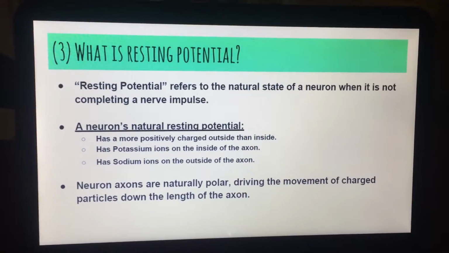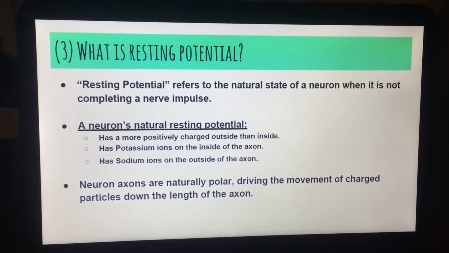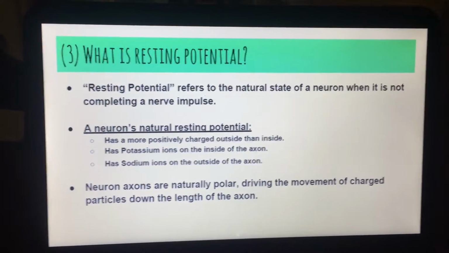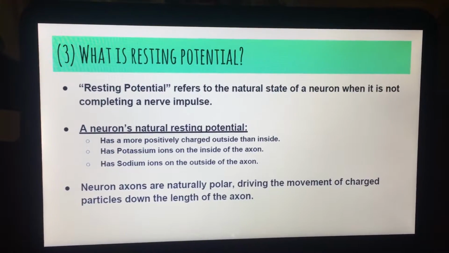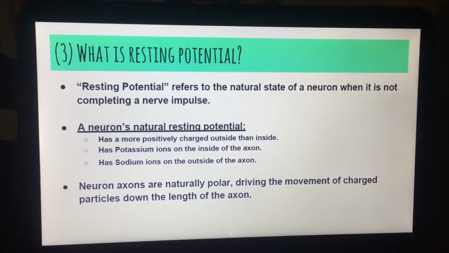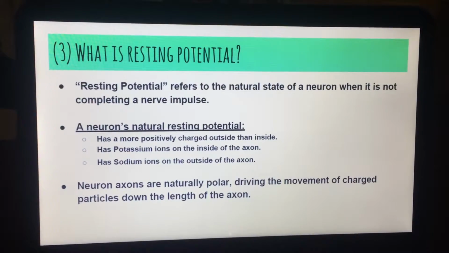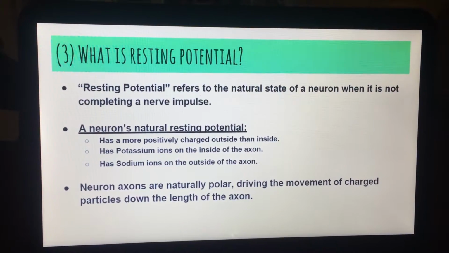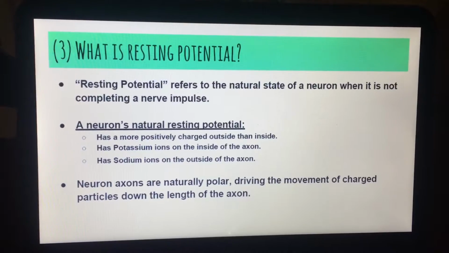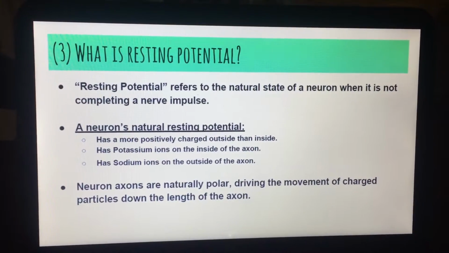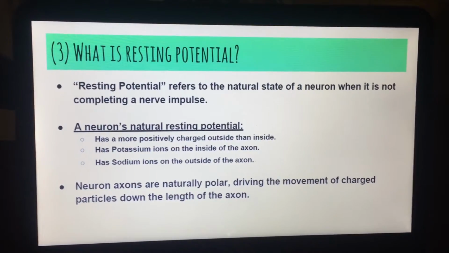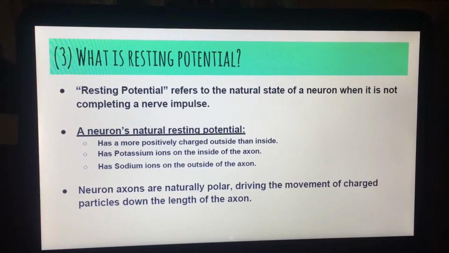And what this really refers to is how these charged particles that are going to be used in sending the message are naturally displaced around the axon. So before a nerve impulse or a message is even sent, you have sodium ions on the outside of the axon and potassium ions on the inside.